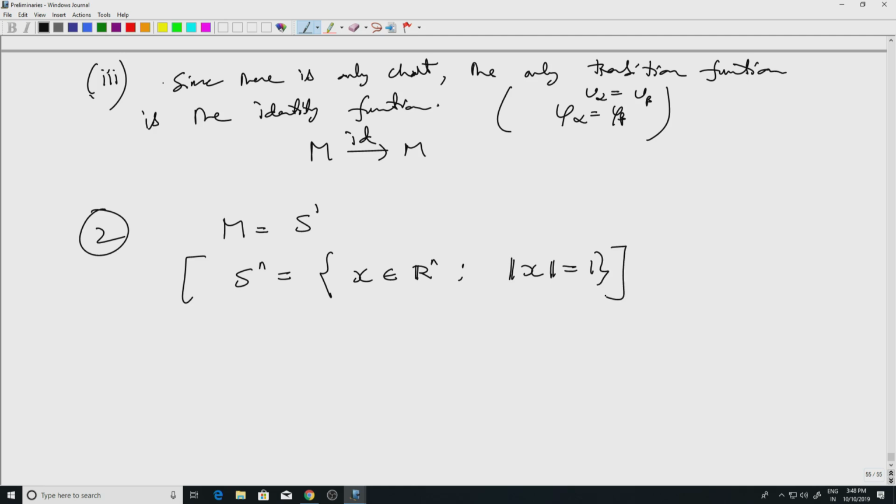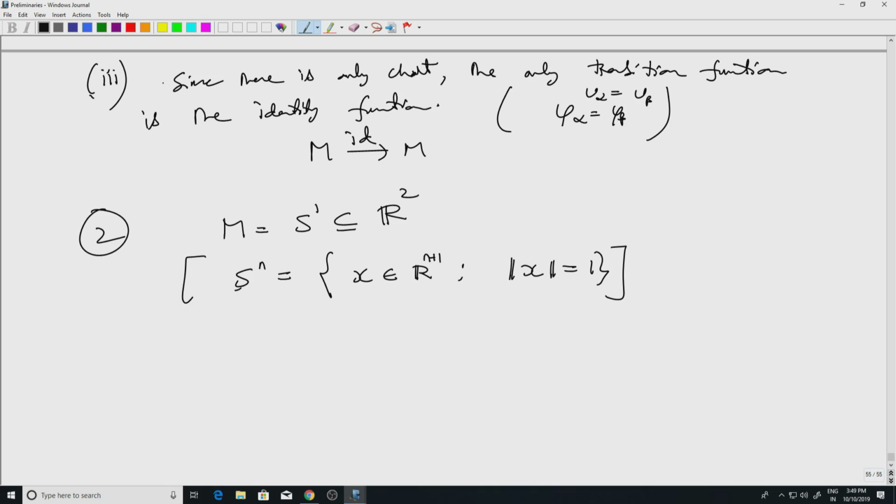This is the unit sphere with center the origin. Oh, sorry, this is not Rn, this is Rn plus 1. Sn is the unit sphere in Rn plus 1. So S1 is the unit sphere in R2, which is just the unit circle in R2.